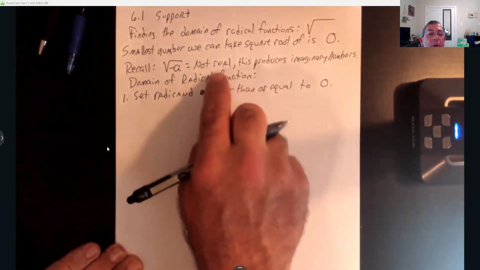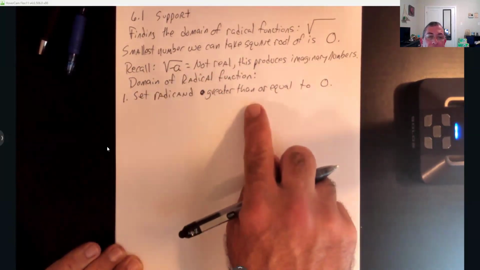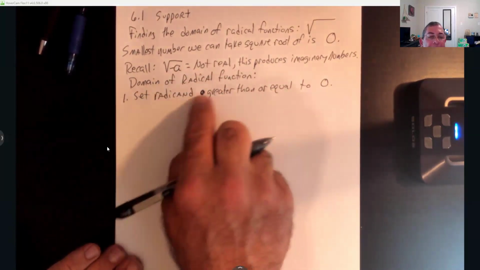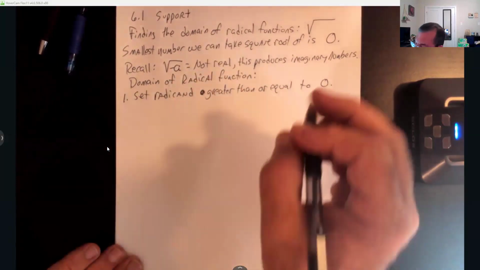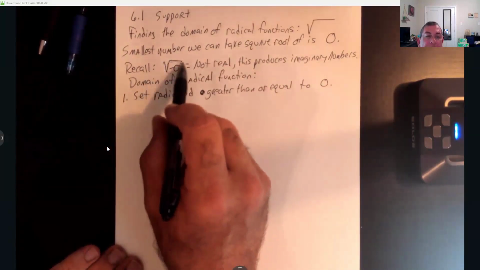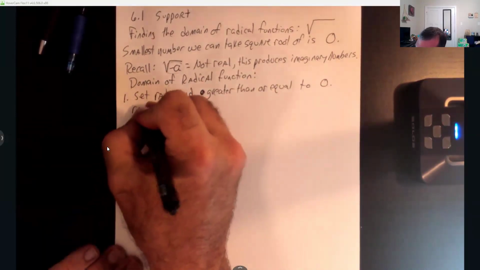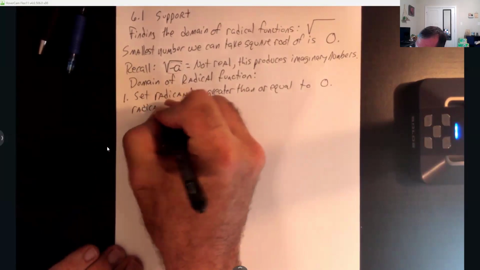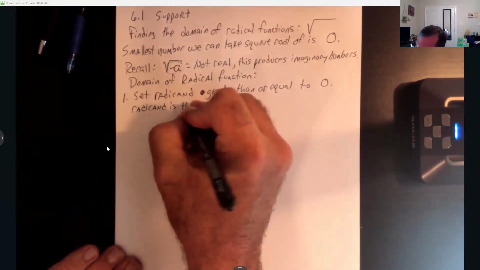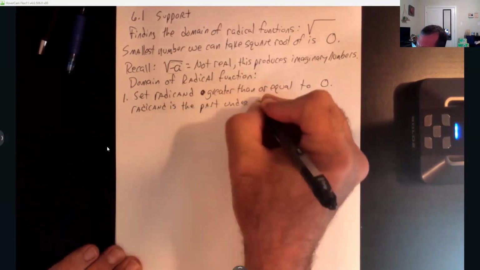It cannot equal a number less than 0 that is negative. Okay? Now, the radicand, that's the part under the radical. Like this negative a, that would be the radicand. It's the part under the radical.